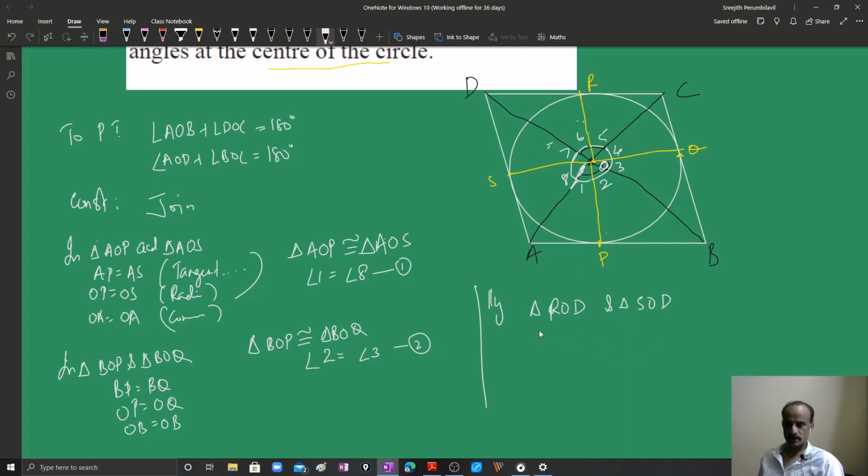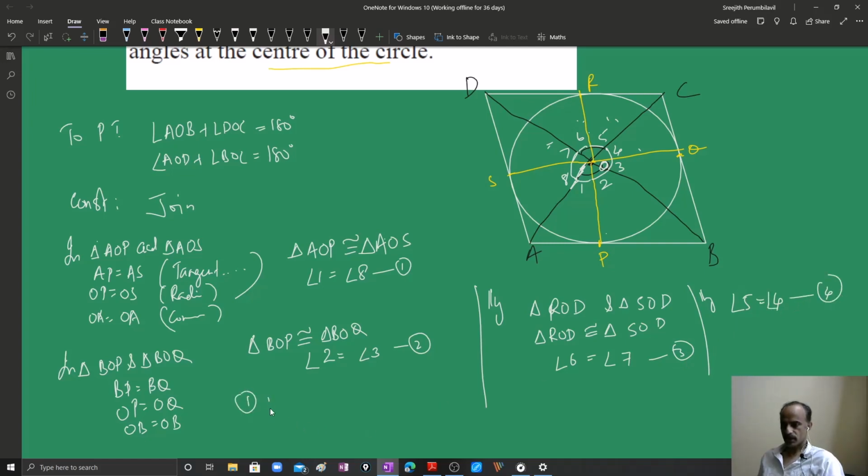Therefore triangle ROD is congruent to triangle SOD. Angle 6 is equal to angle 7. Similarly, we can prove the remaining two triangles congruent, and angle 5 is equal to angle 4. This can be taken as relation number 3, and this as relation number 4.